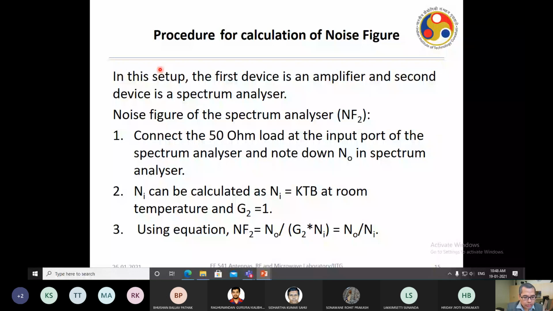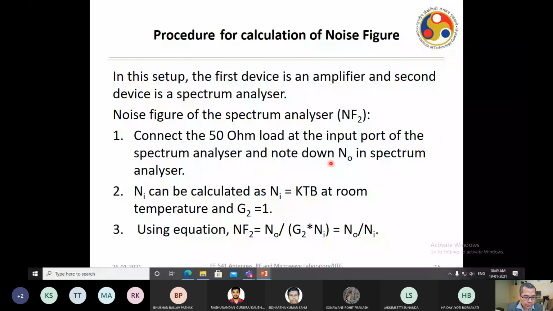First, you connect a 50 ohm load at the input port of the spectrum analyzer. You know that 50 ohm is a match load. Then you find out what N naught is in the spectrum analyzer. If you want to find NF2, you find NF2 as N naught by G2 Ni.